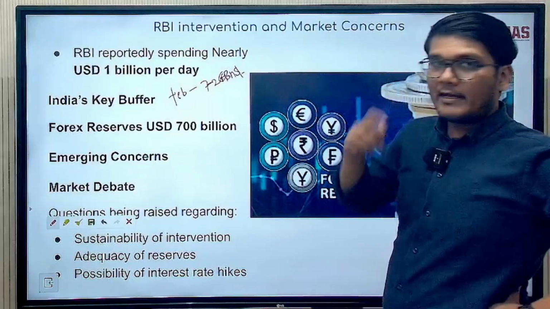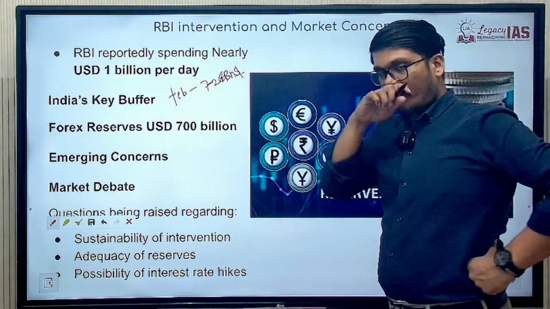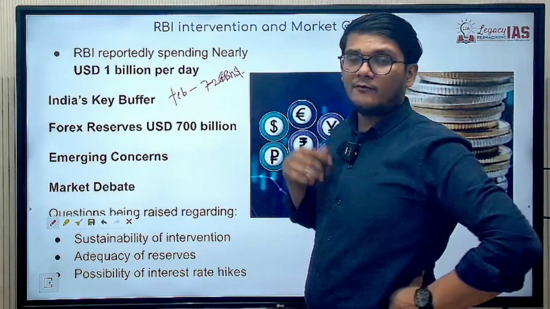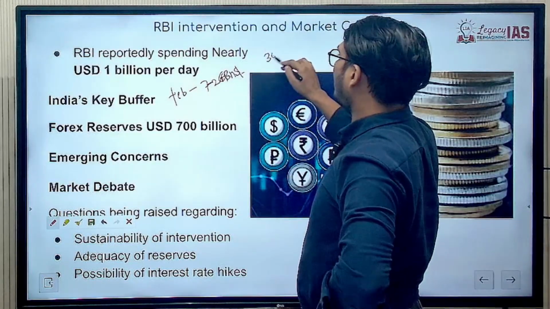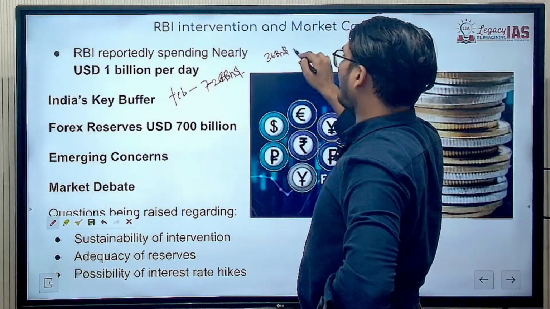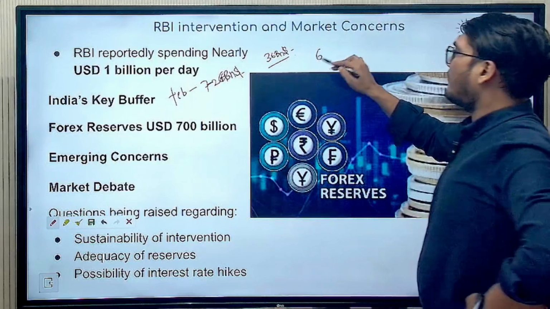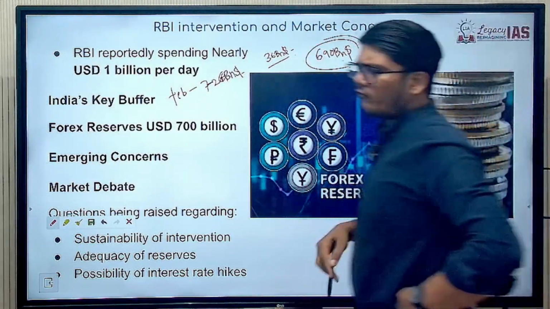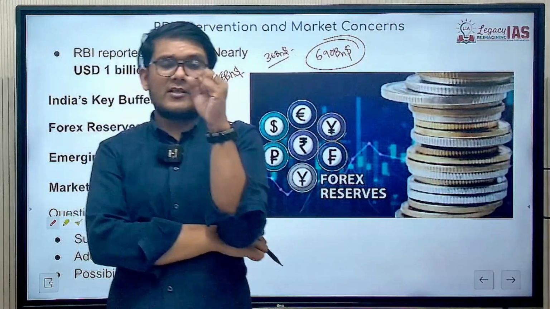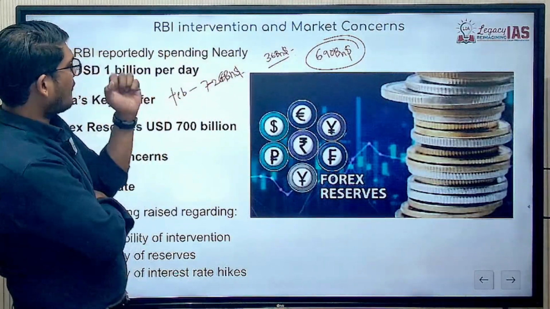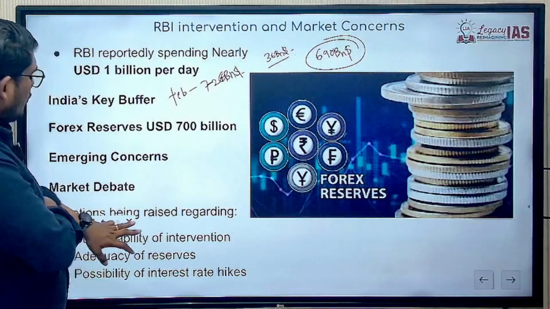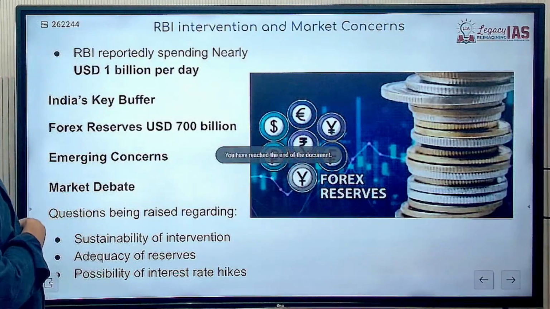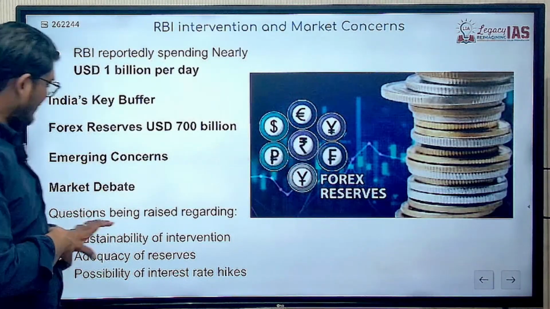But RBI has done open market operation, has sold the dollars, has dumped the dollars. Around $36 billion in the market has been dumped. So right now we have around $690 billion of foreign exchange. Of course, these fluctuations are there, but this change has taken place in a very short period of time, and this is not sustainable. So as a result of which, we need to find out a solution for that.